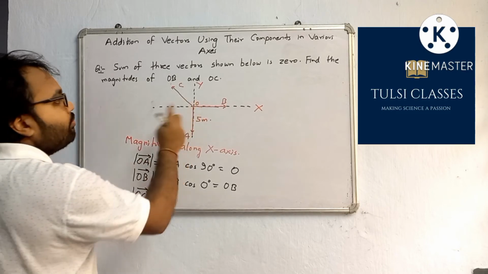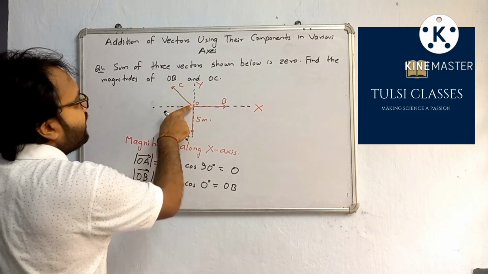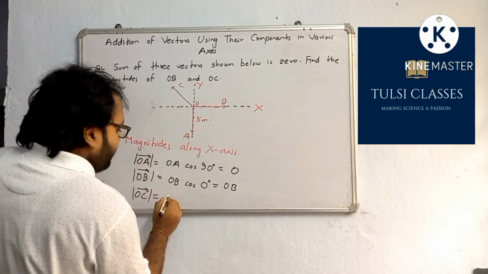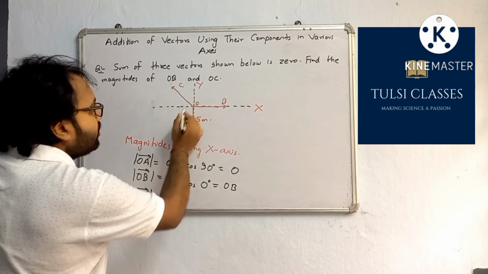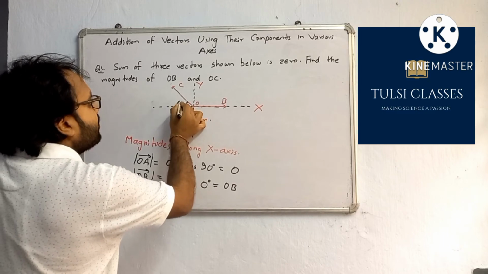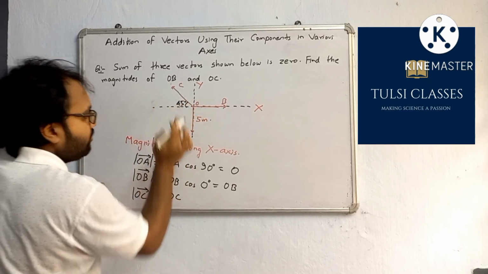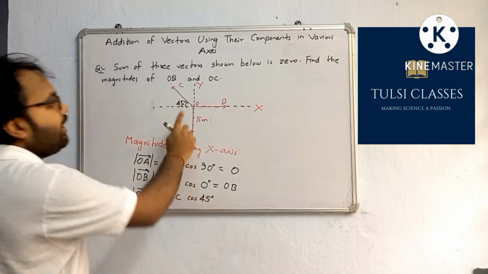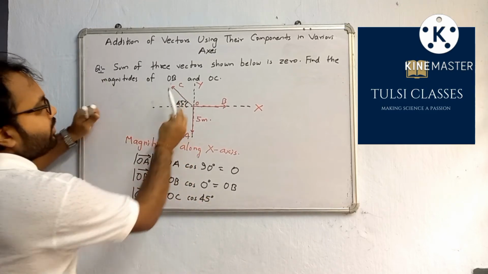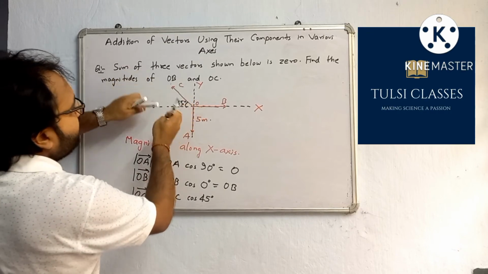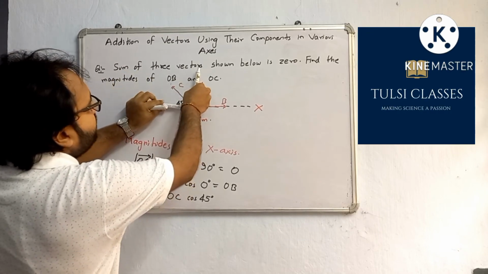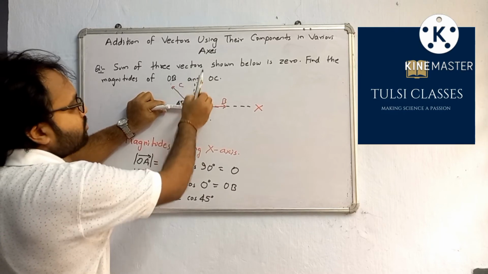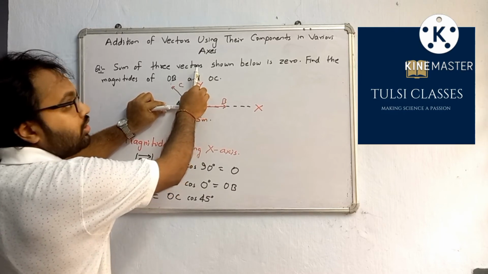OC is also resolved in both directions, that is y axis and x axis. Along the x axis its magnitude will be OC cos 45 degree, as the angle given is 45 degree. When this vector is resolved, there are two components: one along negative x and one along positive y.